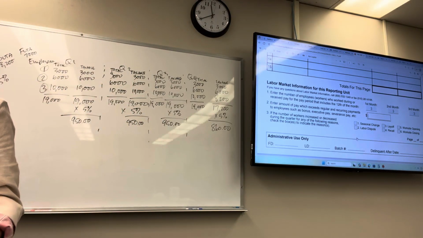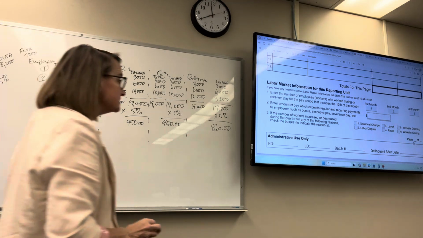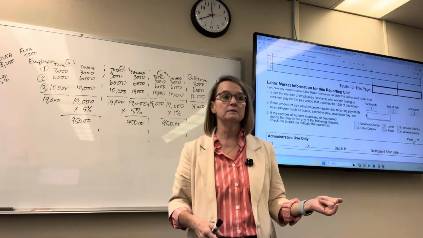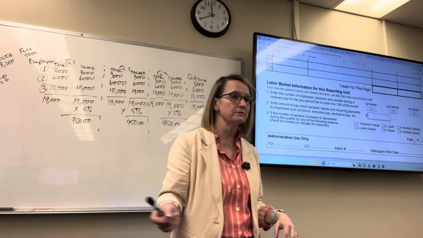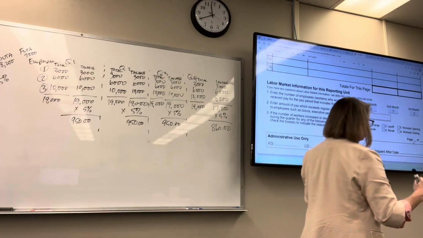If the number of workers increased or decreased during the quarter, for any of the following reasons, check the boxes to indicate the reason. So if it was just, oh, hey, somebody quit one month and then we hired somebody new the next month, that's not really a reason.